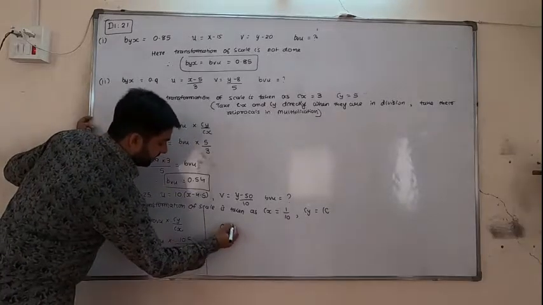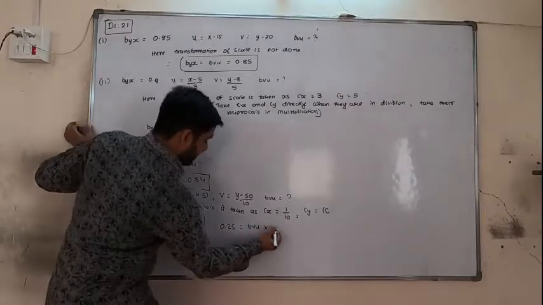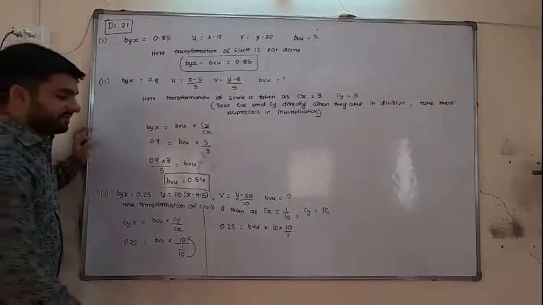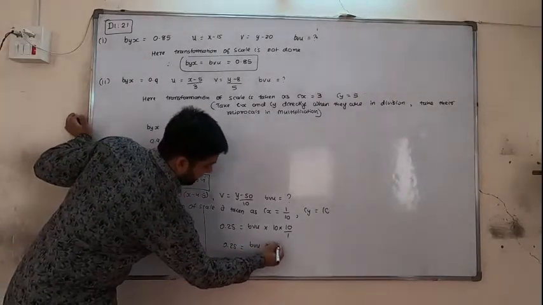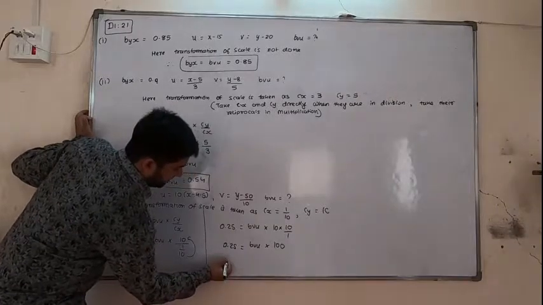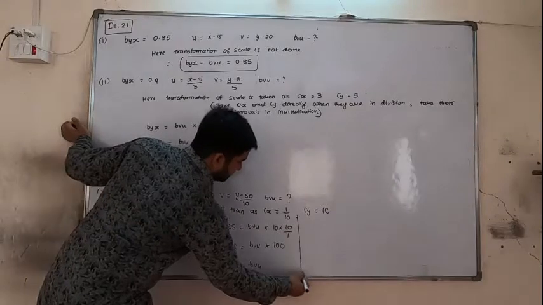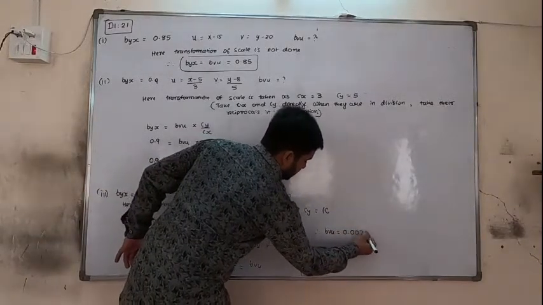So 0.25 is equal to Bvu multiply 10 into 10 by 1. This 1 by 10 will become 10 by 1. So 0.25 is equal to Bvu multiply 100. Now 0.25 divided by 100 is equal to Bvu, 0.0025.